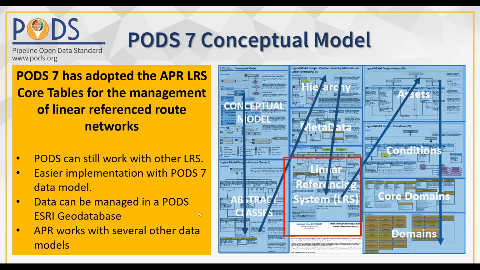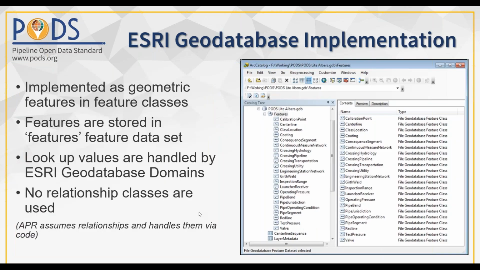So lastly, I just wanted to show you a little bit about what the geodatabase might look like in an implementation. So you would add the feature dataset into your ArcCatalog, for example, to view what it looks like once you've activated it, and you'll see that it's a feature dataset loaded.